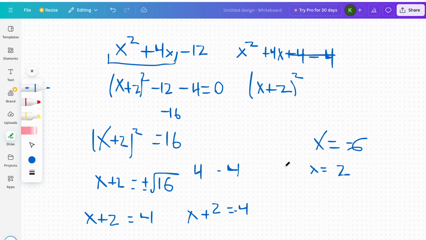Now, if we look at the factors, the factors of 12 would be 1 and 12, 2 and 6, and 3 and 4. If we look at these, only 2 and 6 can be used to make 4.